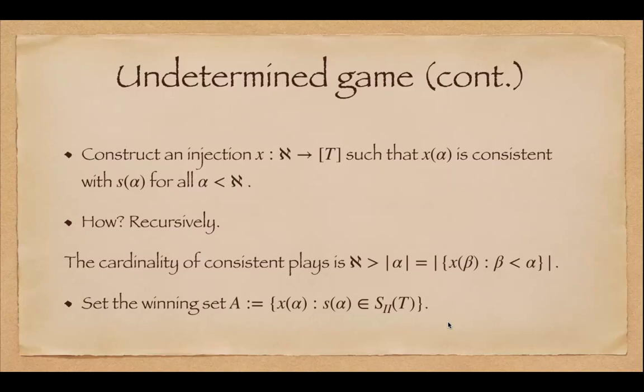But as you can see, X alpha of that strategy is not in A. So X alpha is consistent with S alpha, but it is not in A. So S alpha cannot be a winning strategy.